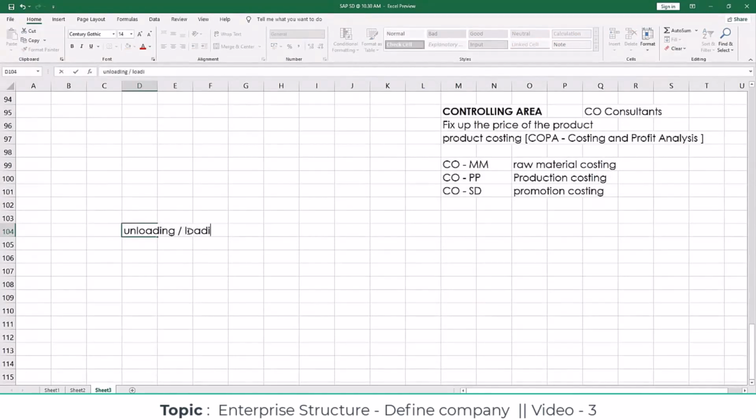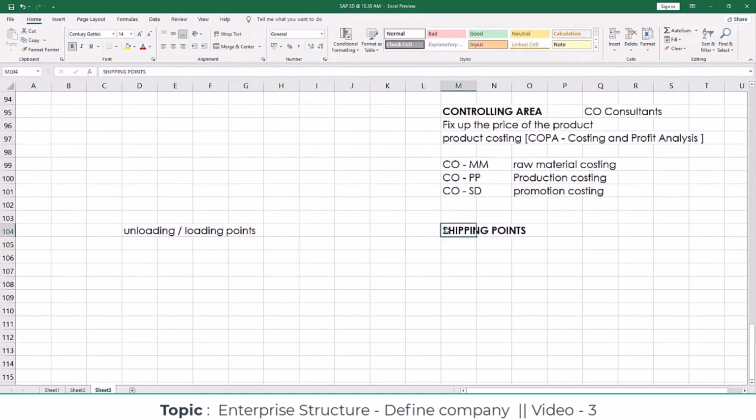Loading and unloading points. So where stock will be loaded and unloaded. This loading and unloading point is what we call shipping points over here. There's a term used, shipping points.